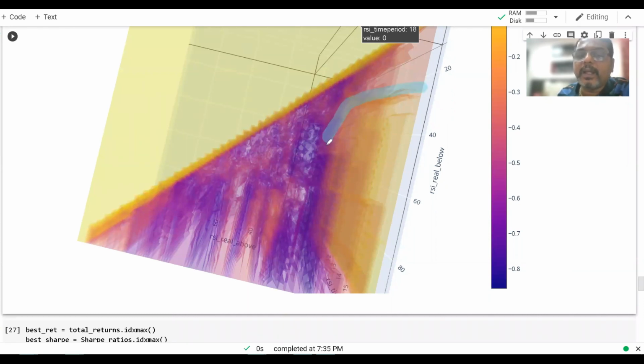There is an area, the same area where we got the worst Sharpe ratio, and in this area we are getting the best drawdown. So when you are making the least return for the risks you take, you are also not losing much.